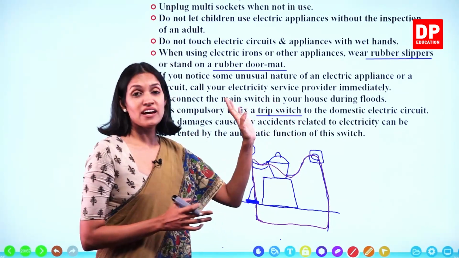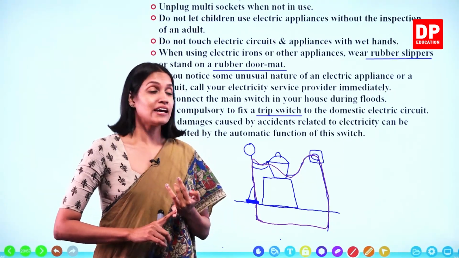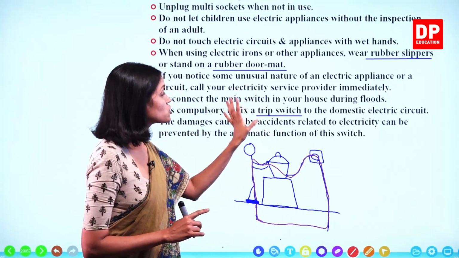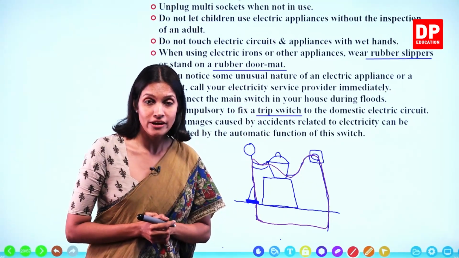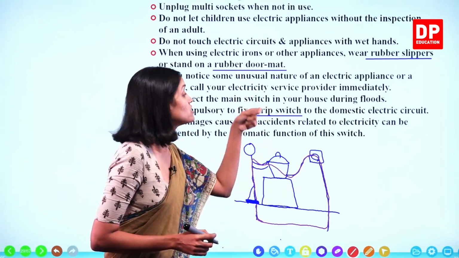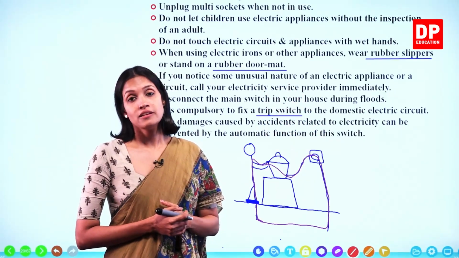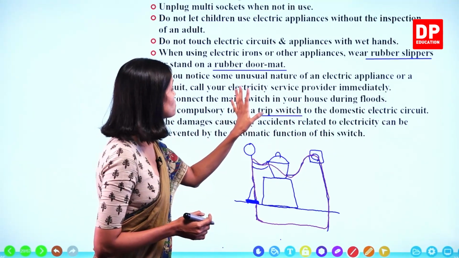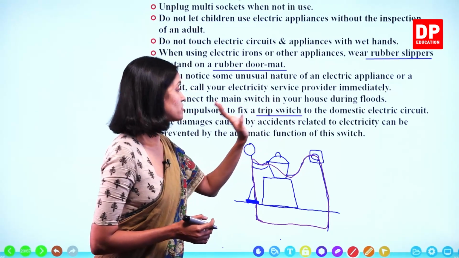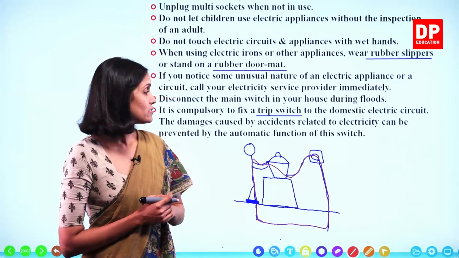So sometimes when there's a fault in the appliance and sometimes during thundering and lightning also, this switch automatically goes off. Right? It goes off and this is why this is known as the trip switch. It keeps on tripping sometimes if there's a problem in the circuit. Therefore, it's a must to fix this type of trip switch in the switchboard. Okay, children? Right.